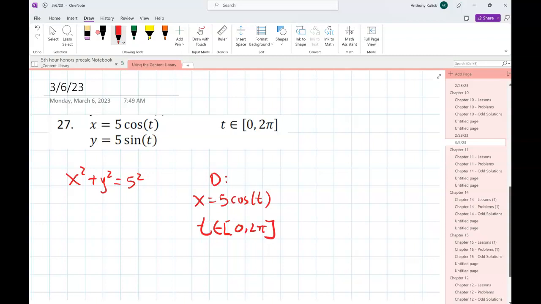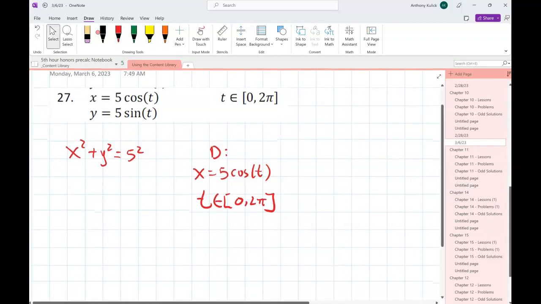So it covers the entire domain of the cosine function, right? Over that domain for cosine, what is the biggest and smallest value that cosine can take? We talked about it first semester. That's okay. What does the graph of cosine look like?